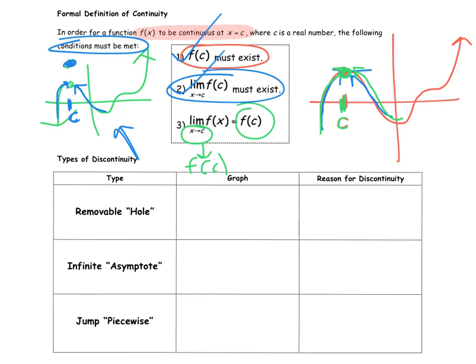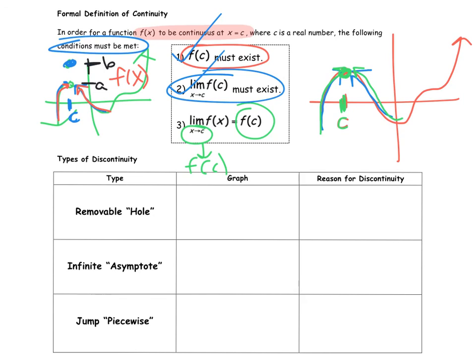Now let's see. We have the limit of f of x. So let's say here, and this is my function f of x. So the limit of f of x as x approaches c, and I'm going to make up some variables here. Let's call this y value a, and we'll call that b.